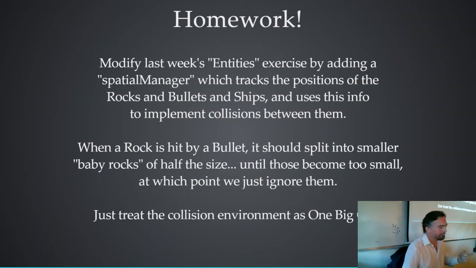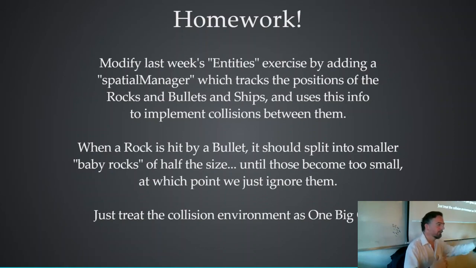But it's still worth doing, because of the principle of the thing, the idea that the objects register themselves with a manager, and that manager works out who's colliding with who. That's already an improvement, because remember, up till now, you had the problem where if ever we added a new object to the system, like a new rock, I'd have to go into the spaceship update code to make the spaceship know about all the rocks so that it knew how to collide with them.